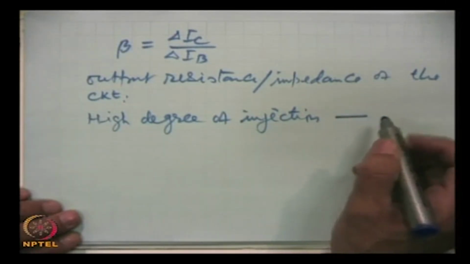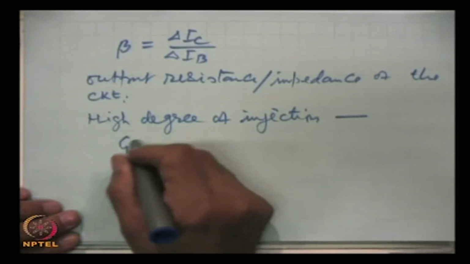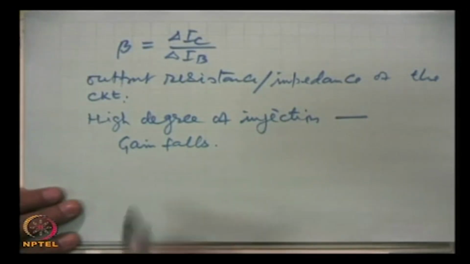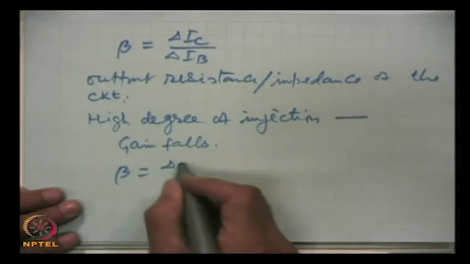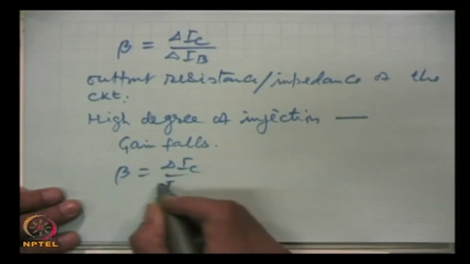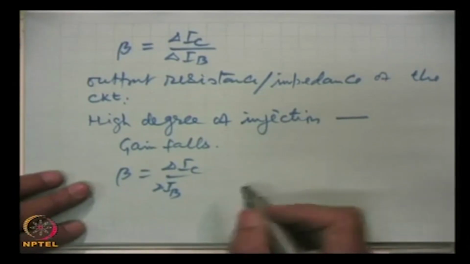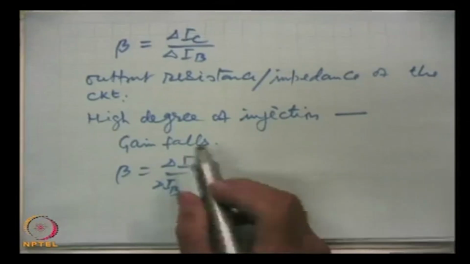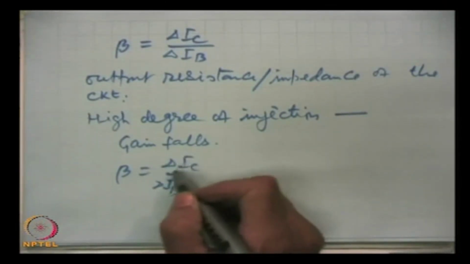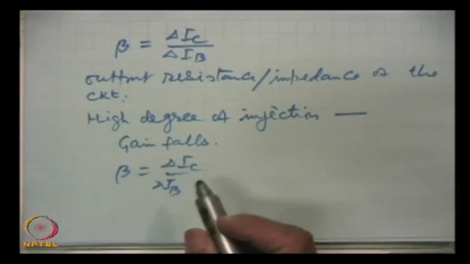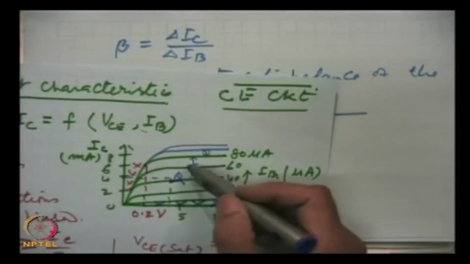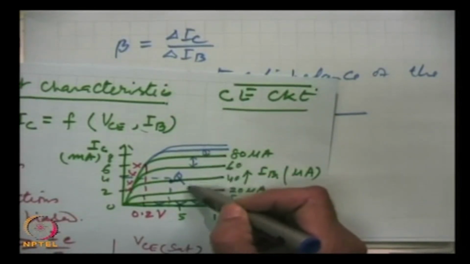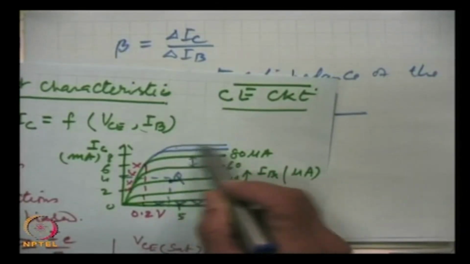As a result, the gain falls. Gain is, for example, beta, the change in IC by the change in IB. If this falls, then the ratio will be less, and IC will not change correspondingly. Here the gain has fallen, so it is not as much as it was here because of high injection. So, they come closer.